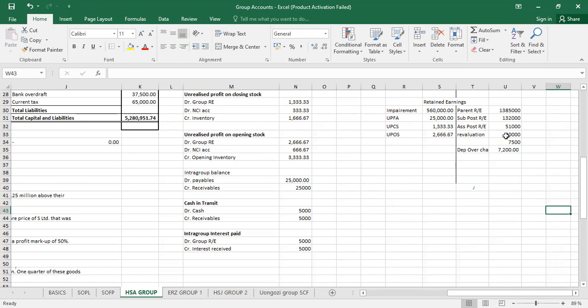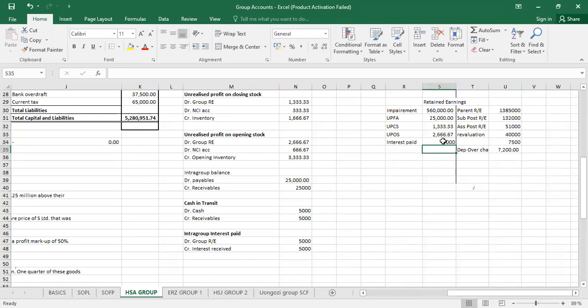Yes, the revaluation, we took it. Okay, I was forgetting this one. Interest received, isn't it? Interest paid. Interest paid with group interest, isn't it? That one we must remove. So we'll remove the 5,000.